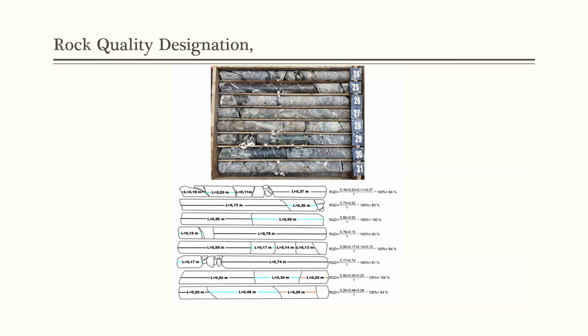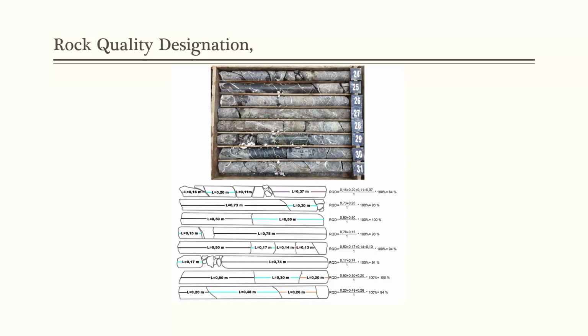So the rock quality designation significantly impacts blasting design in several ways, and these include fragmentation. RQD affects the ease of fragmentation, with higher RQD values indicating more difficult fragmentation. It also affects the drilling and blasting patterns.